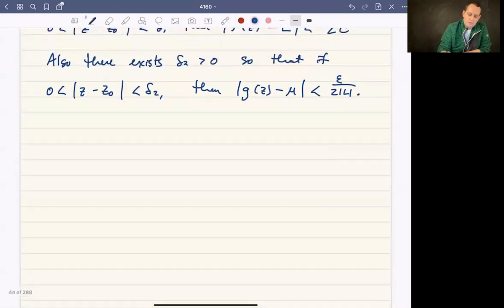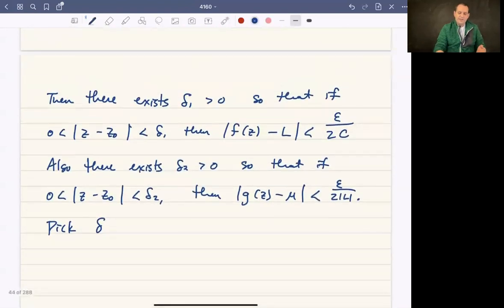Now, pick delta. This is the trick here. We want all of these things to be true. We want g to be bounded by c. We want the modulus of f of z minus L to be less than epsilon over 2c. We want the modulus of g of z minus M to be less than epsilon over 2 times the modulus of L. If all of those are true, we can just pick the smallest value.